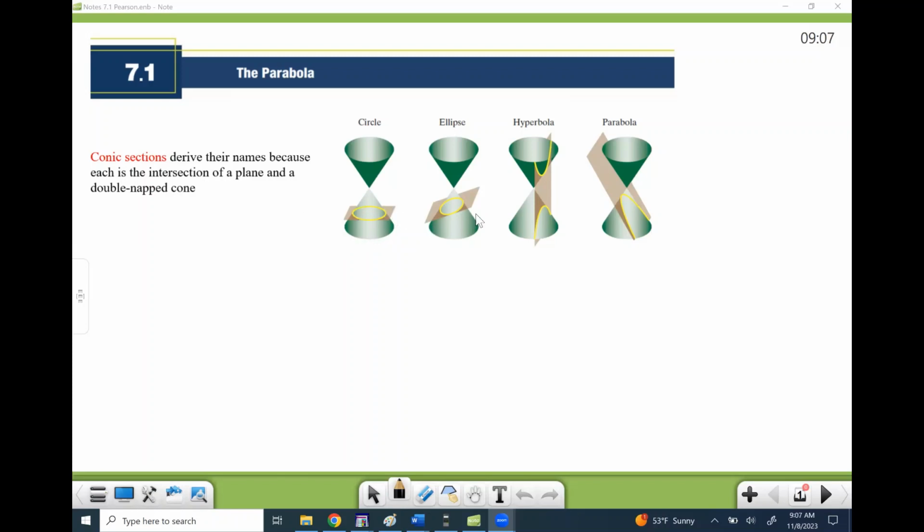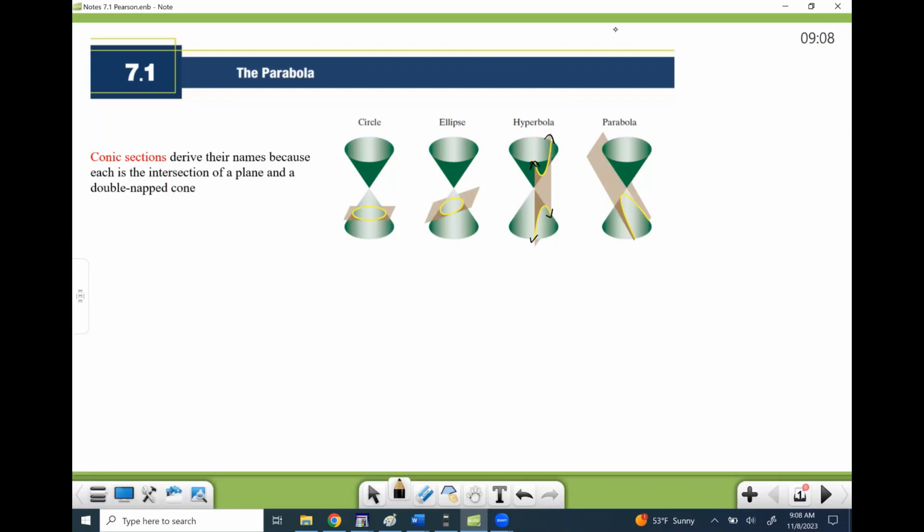If you tilt that plane just a little bit, it'll no longer be a circle. It'll be probably what you've heard of as an oval, but really in this class is going to be an ellipse. Okay. If we slice perpendicular to the ground, then we end up with what looks like two parabolas. And like I said, these are going to have arrows on them because we said just a second ago that the cone goes on forever, which means that these two parabolas, if you will, go on forever.